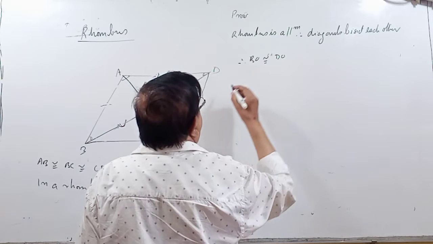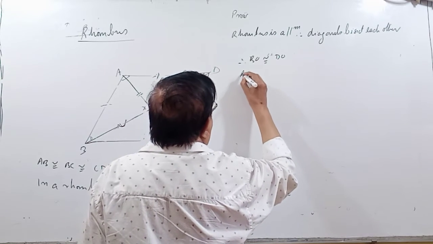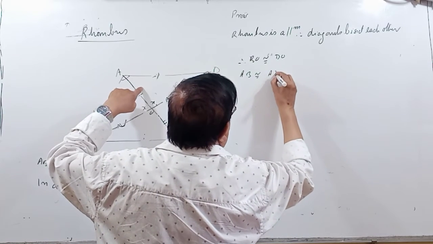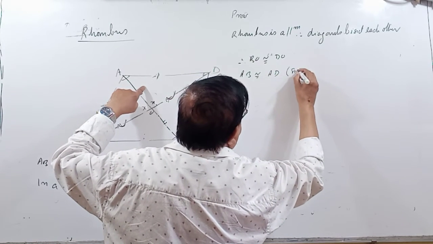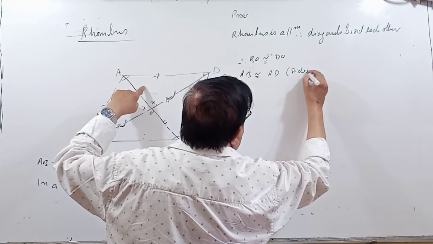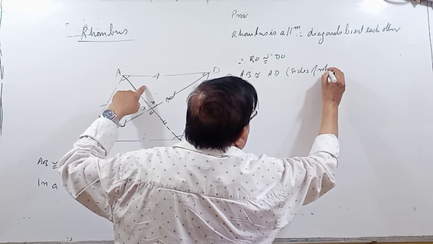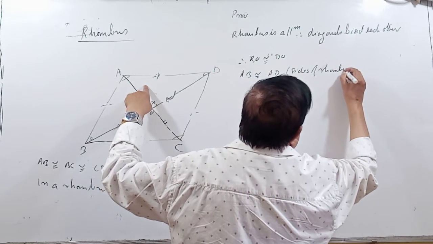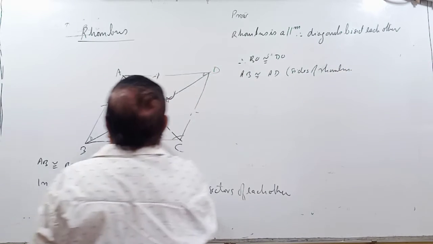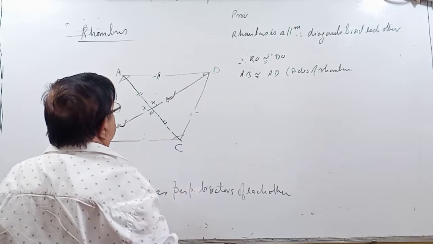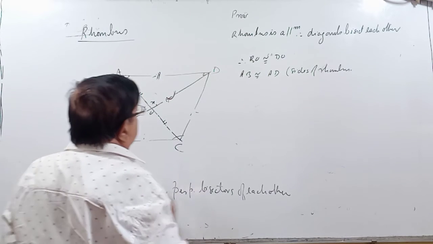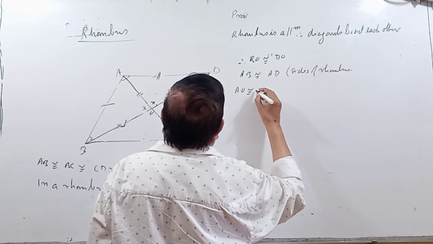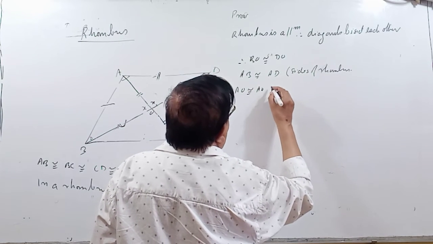Now, AB is congruent to AD, sides of the rhombus. This is equal to this. And AO is the common side. AO is congruent to AO. Common side.